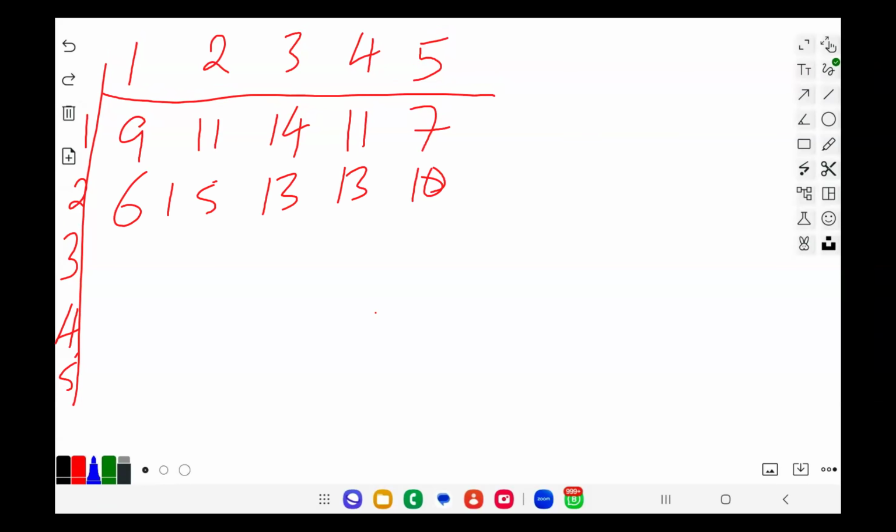And then from there you have 12, 13, 6, 8, and 8. From there you have 11. From 11 you have 9, you have 10. Then you have 12, and you have 9.